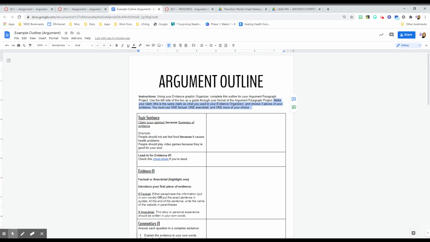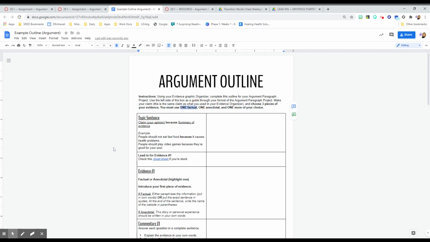Now, when we're talking about those evidence pieces, you need to choose 3 pieces from that evidence organizer that we did, or find at least 3 types of evidence, 3 versions of it for this paper. So when I'm saying you need to have your 3 types, your 3 pieces, you need to have at least 1 factual piece of evidence.